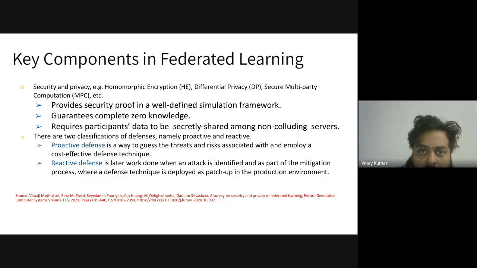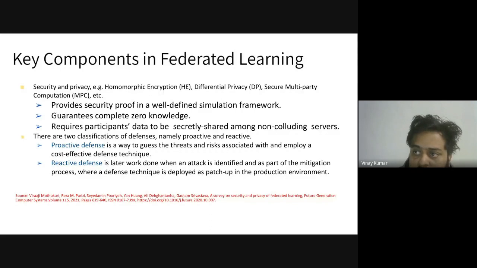The last component, which is one of the most important aspects, is the security and privacy of federated learning approaches. As you can understand, this is a distributed architecture. In distributed architectures, information sharing plays a very important role.